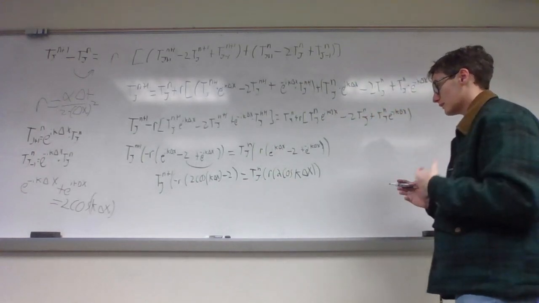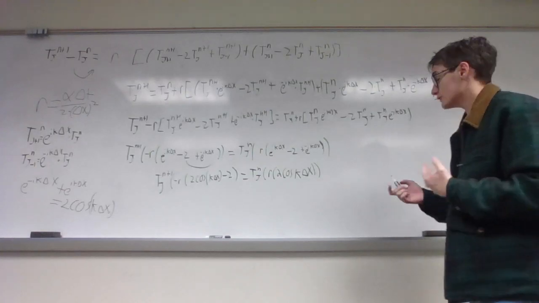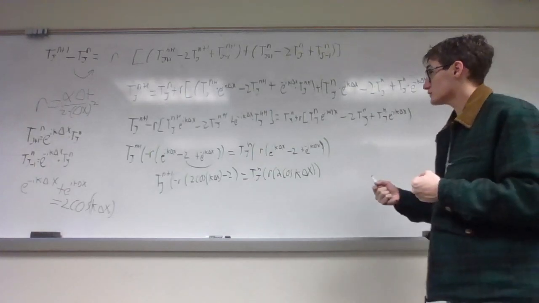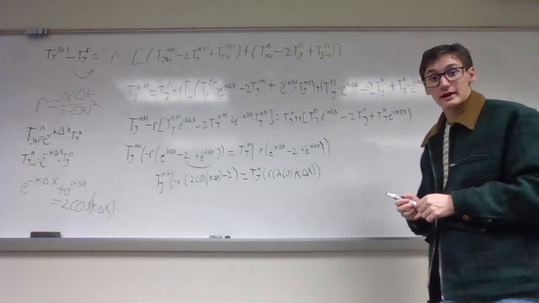So the next thing we want to do is evaluate these. However, I don't exactly have enough room on my board, so I am going to erase, move some of our things up, and I will be right back.